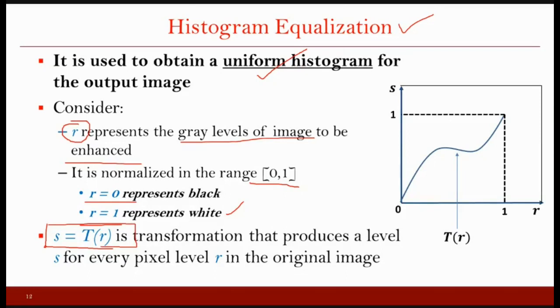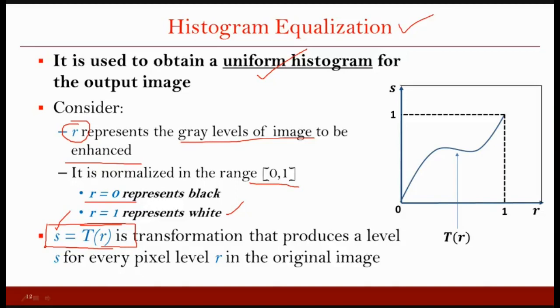To get the uniform histogram, we have to find this transformation function S equal to T(R), where if we supply R as input, that means if we supply the gray levels from the input image, it should give a new gray level in the output image, or a new gray level for the uniform histogram. So this S equal to T(R) is going to map input gray levels to output gray levels.